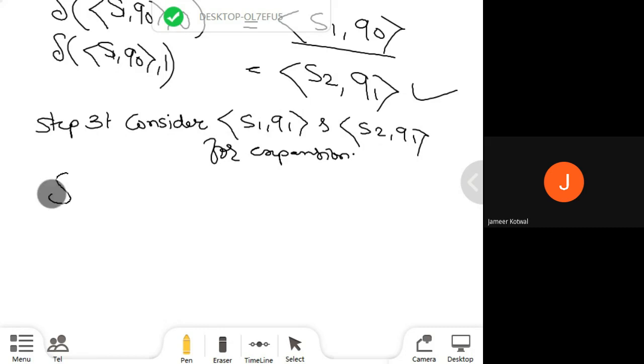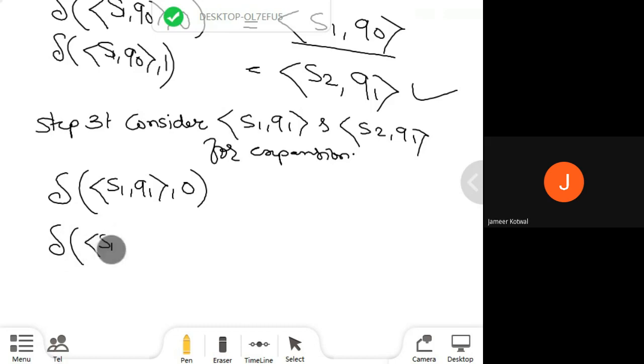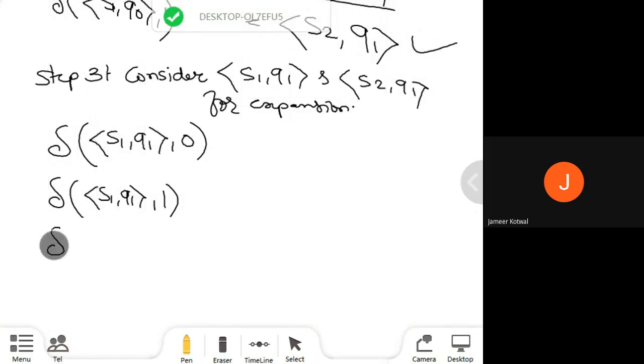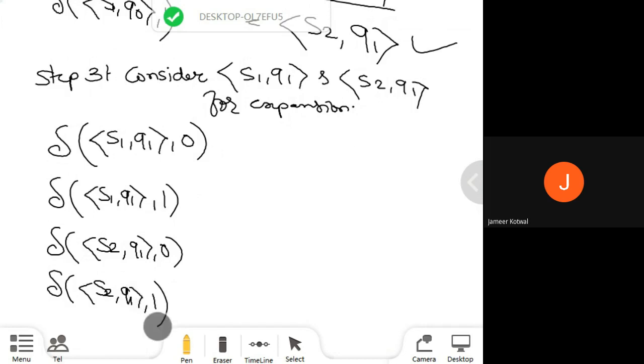So again same procedure, that is consider S1 Q1, in that process 0, transition of S1 Q1, in that process 1, next S2 Q1, transition of S2 Q1, in that process 0, and transition of S2 Q1, in that process 1, right?